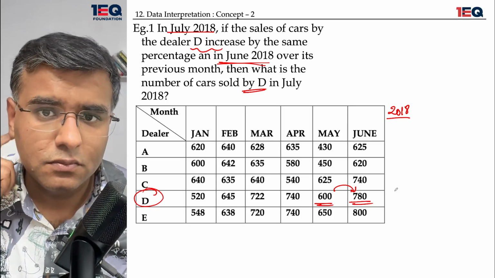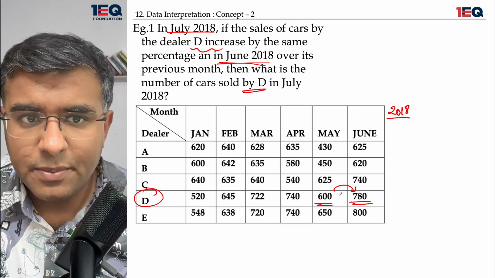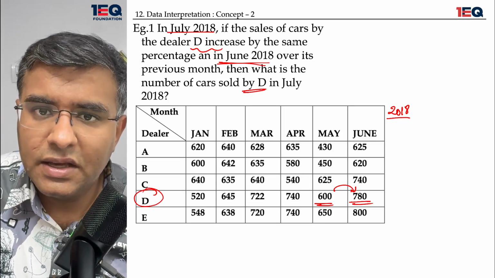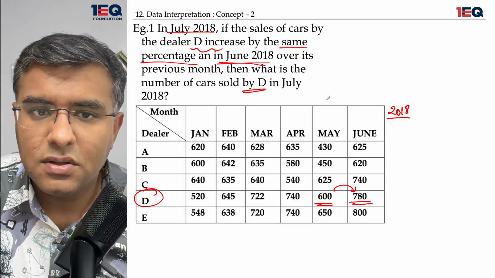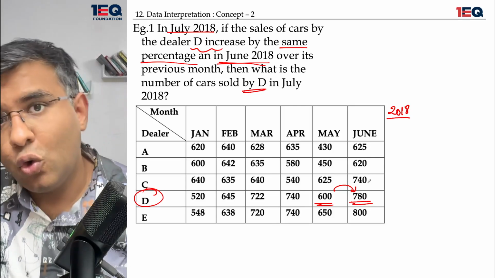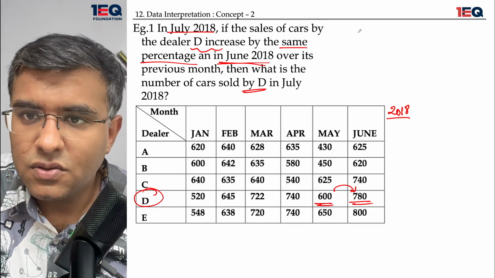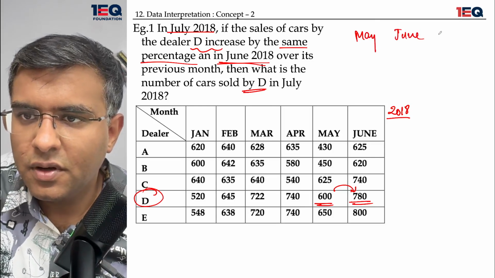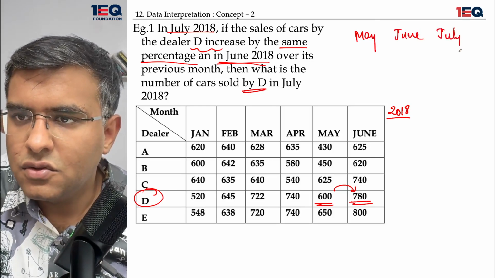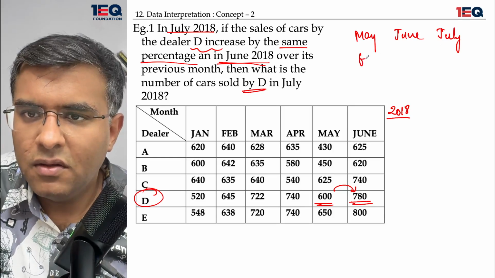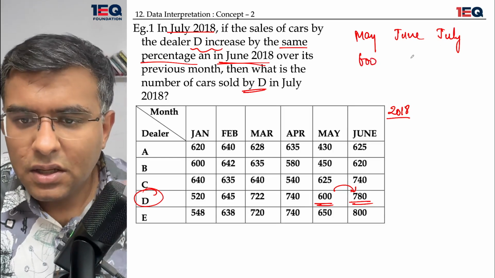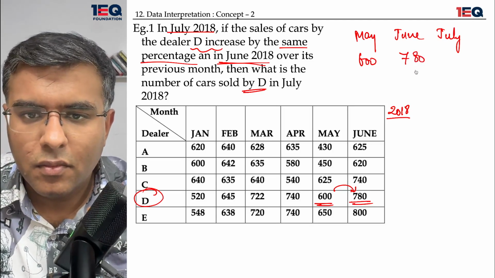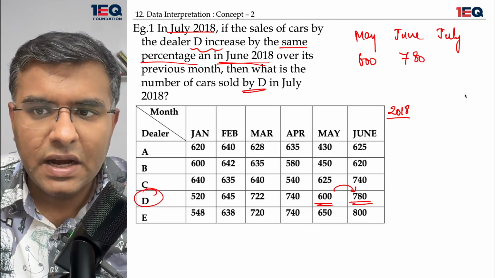Now, let me see the percentage increase, because it says increase by the same percentage as June 2018 over the previous month. So I have May over here, June over here, and July over here. In May, we were sitting at 600.